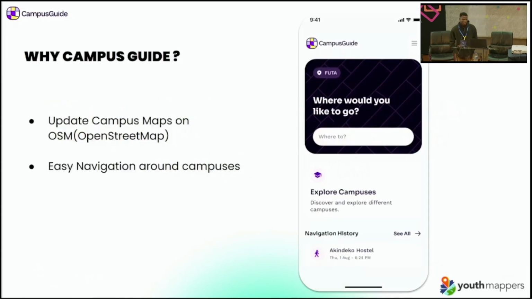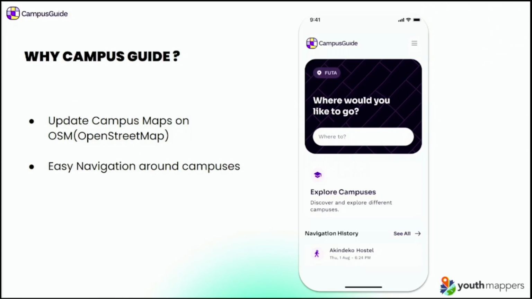At some point, I wondered why lots of universities across Africa are not perfectly mapped on OSM. Some of them have buildings, but the respective descriptions of the buildings are not there.